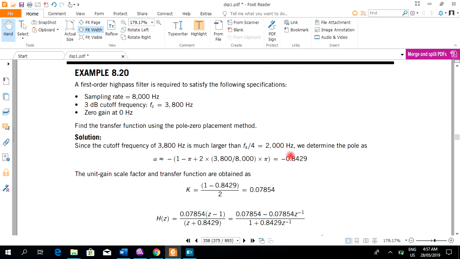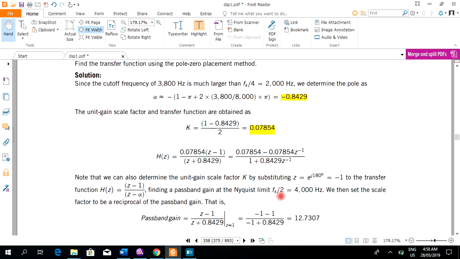From that we calculate alpha, which comes out to be minus 0.8429. Then we calculate K, the unit gain scale factor, which comes out to be 0.07854.